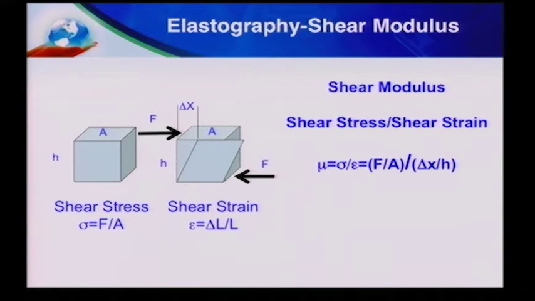And the second is called shear modulus. Essentially, instead of applying vertical pressure, you look at horizontal force, and then you can see the displacement horizontally, and that force applied and displacement will give you the shear modulus.